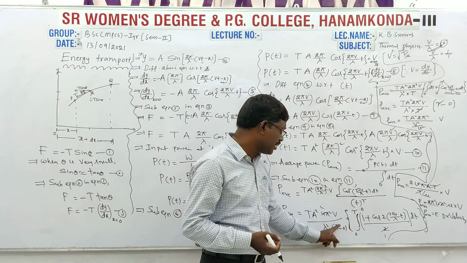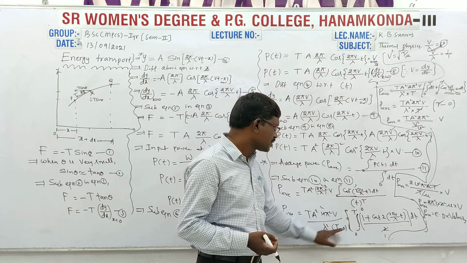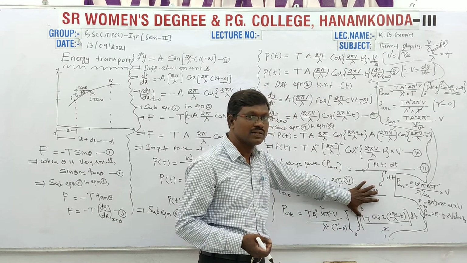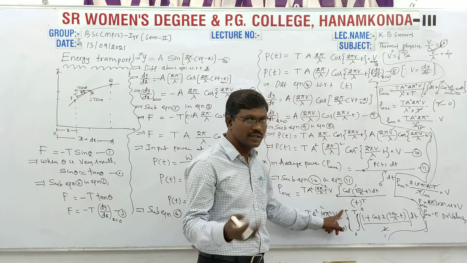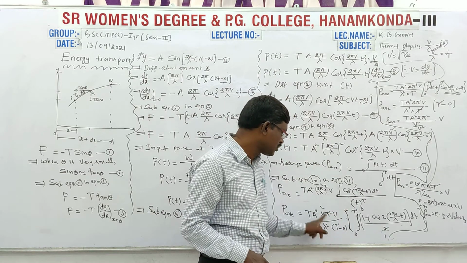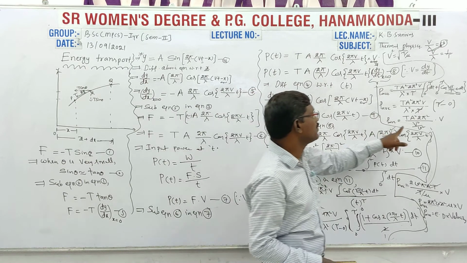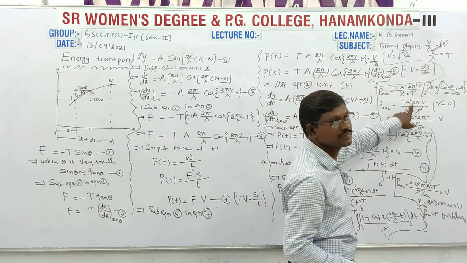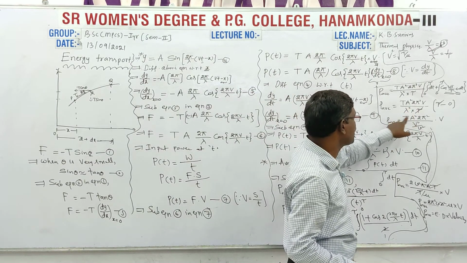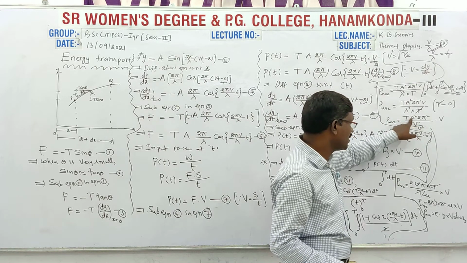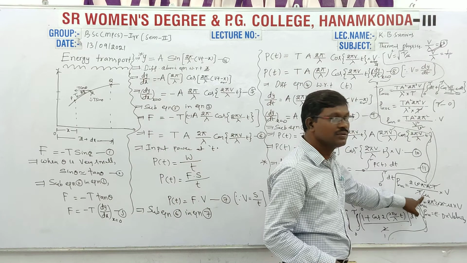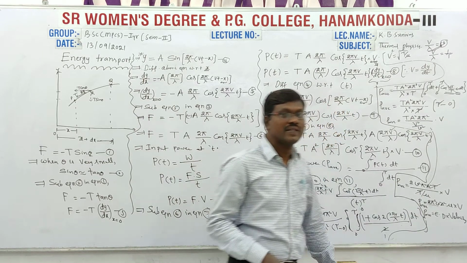Already in the denominator we are having 1 tau. This total integration we get as tau by 2. So this numerator tau gets cancelled, 2 gets cancelled. So finally we are having this equation. And replace this lambda square as v square by nu square, and replace this v square as T by mu. You will get average power.